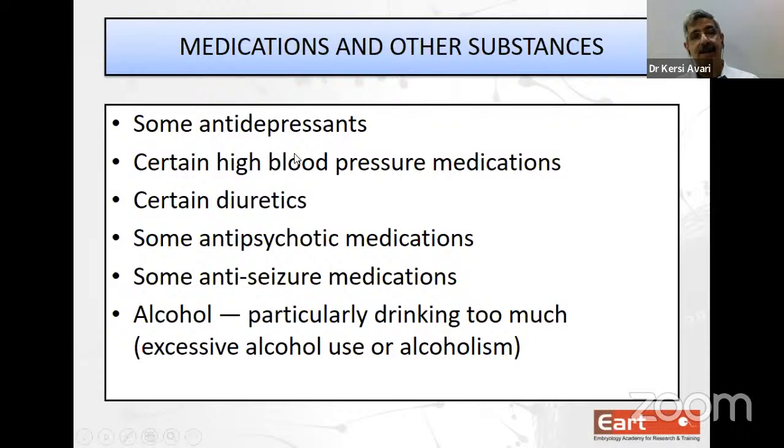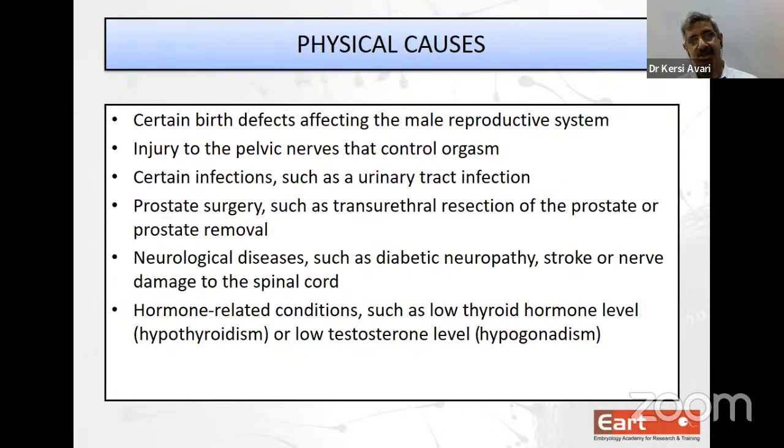Medications, antidepressants, high blood pressure medicines, all are responsible for this parameter. Physical causes, birth defects, nerves controlling the pelvic which control orgasm, surgeries which can be traumatic in the lower pelvic area, diabetic disease and hormone related conditions, low testosterone, hypogonadism.